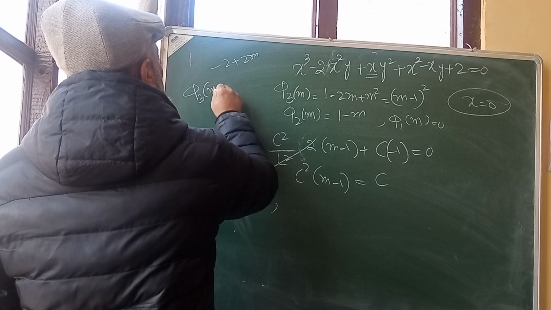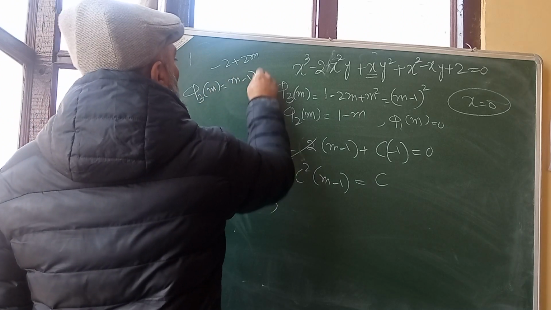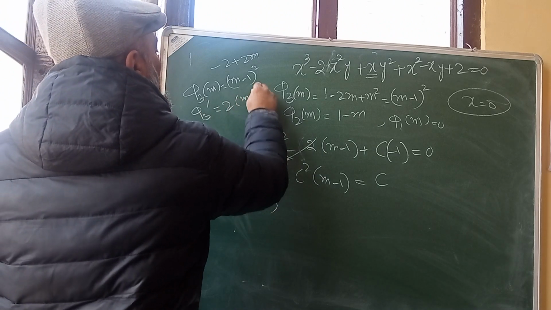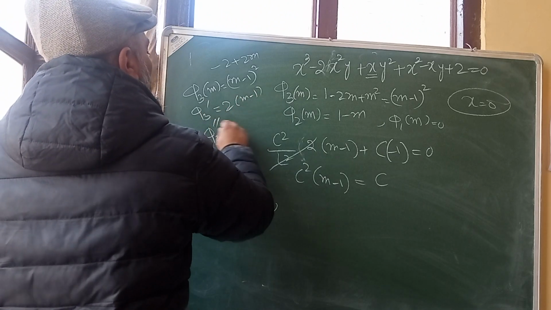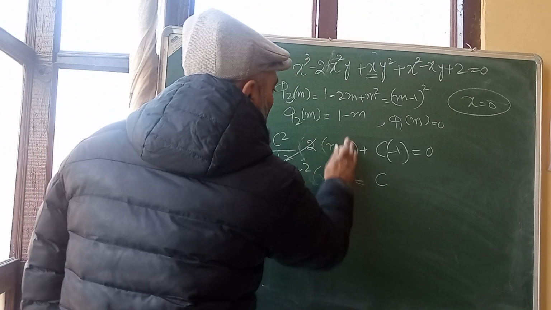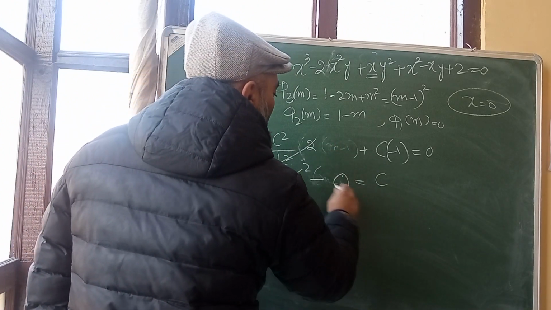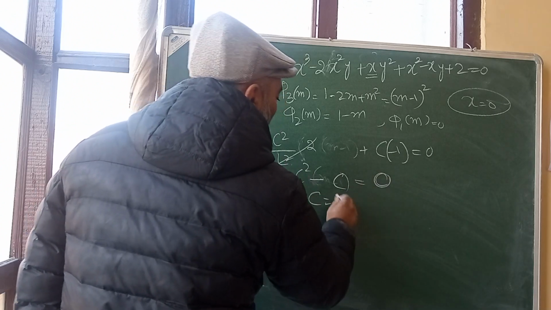What is phi 3m? It is m minus 1 whole square. What is phi 3 dash? Twice m minus 1. What is phi 3 double dash? It is 2 only. So c square minus c is equal to 0. C is 0 and 1.